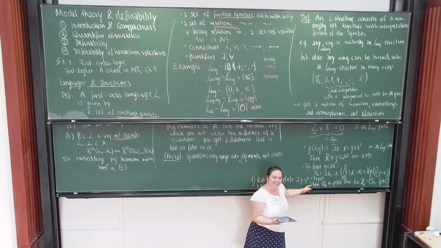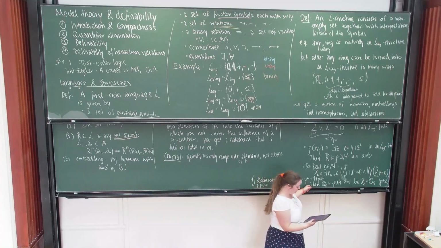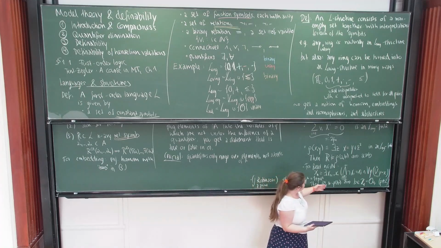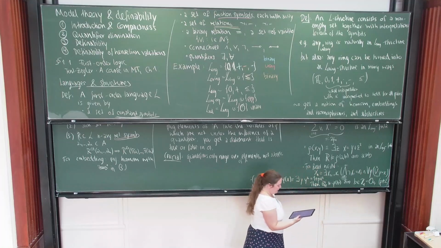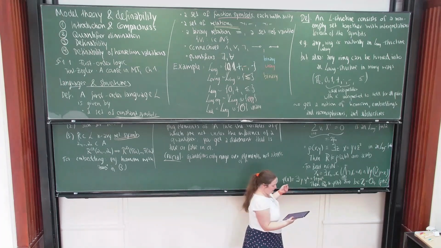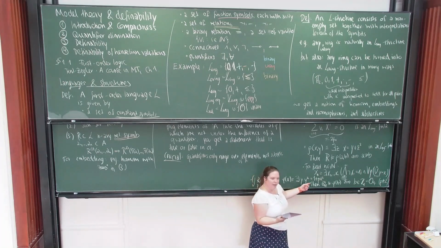This is what you now do while I wipe the board. You calculate that this is correct. To go from here to here, you imagine what happens if the value of b is strictly less than 0, and then you argue with parity.